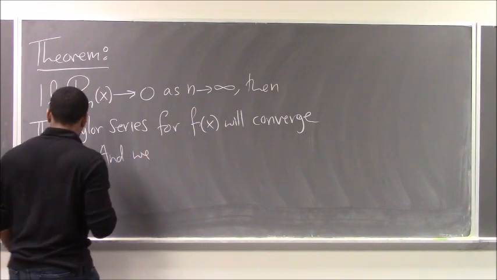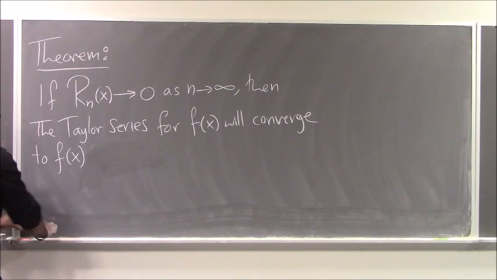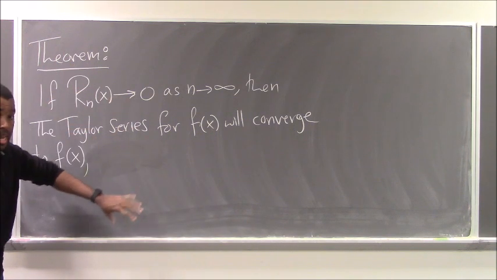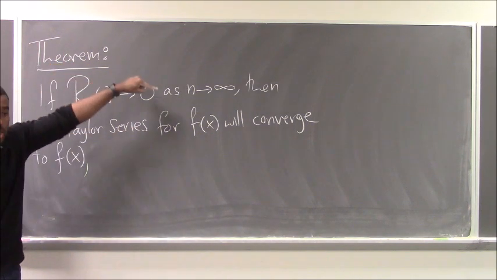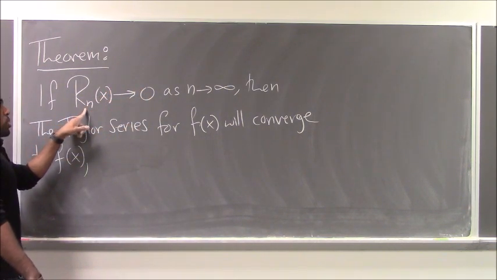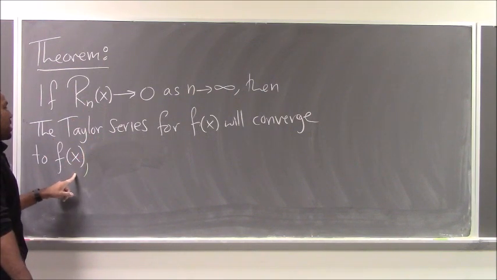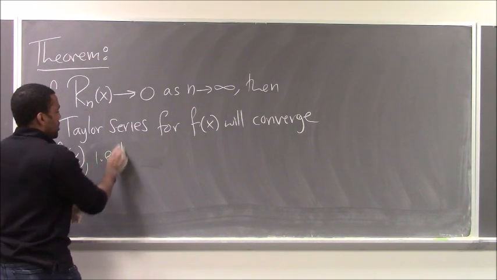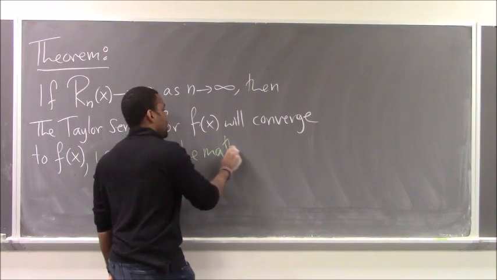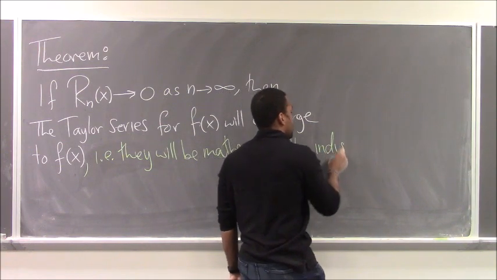Now here's something I want to say, what that actually means. So the remainder term we can calculate with that formula. Now, it turns out if that formula approaches 0 as n approaches infinity, which doesn't always happen, then the Taylor series will converge to f of x, i.e., they will be mathematically indistinguishable.